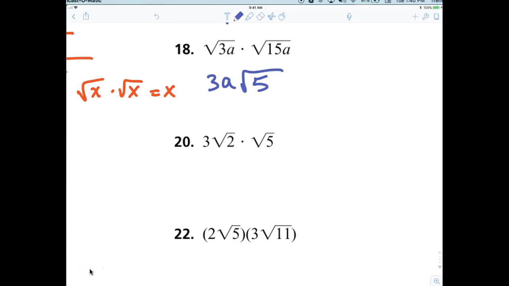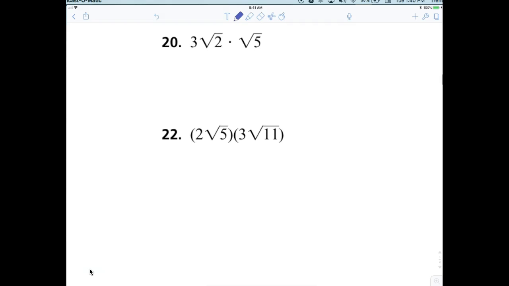All right? Now, again, this one is a little bit different now because you're multiplying rational numbers together and you're allowed to multiply irrationals together. You cannot multiply, for example, this 3 times that 5 because the 3 is rational and the 5 is irrational.